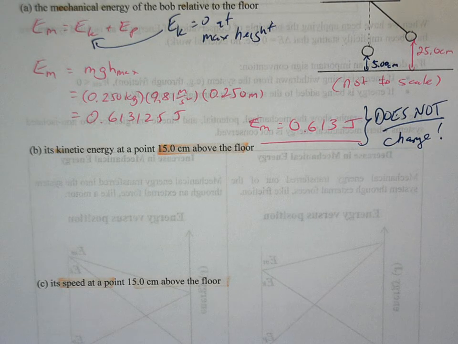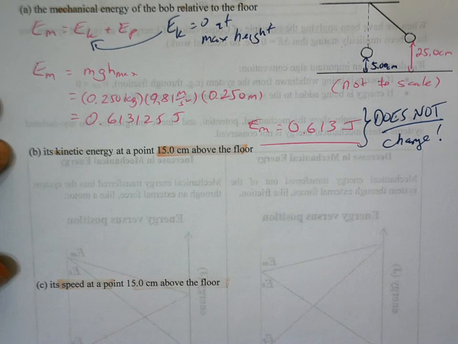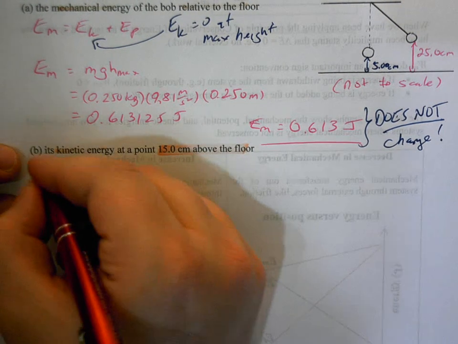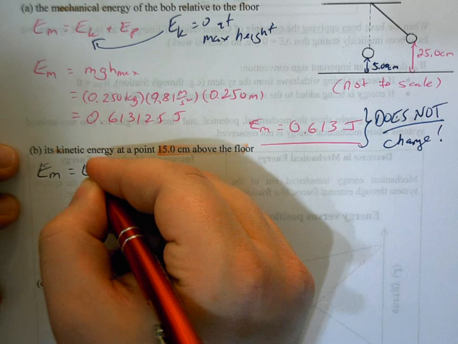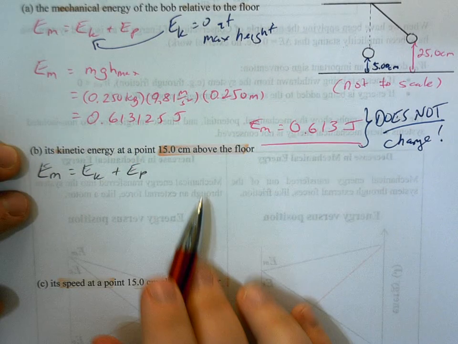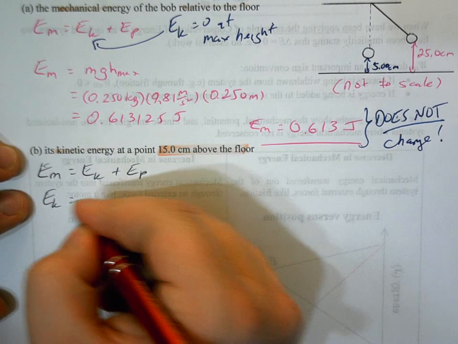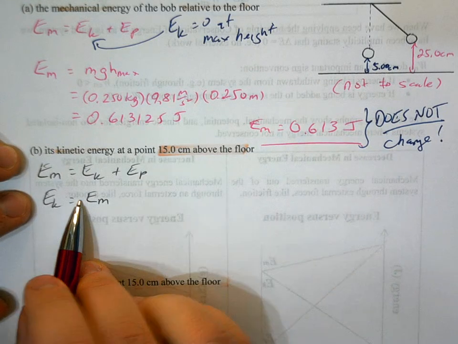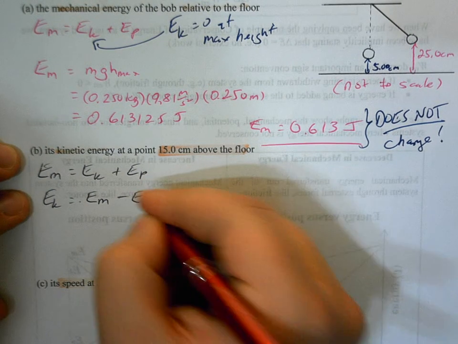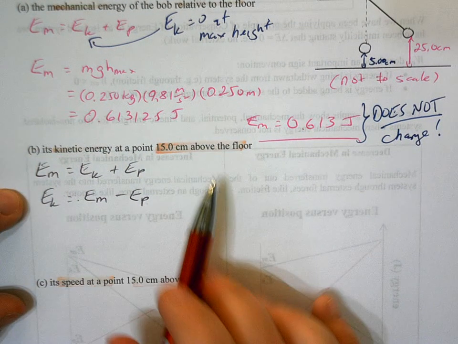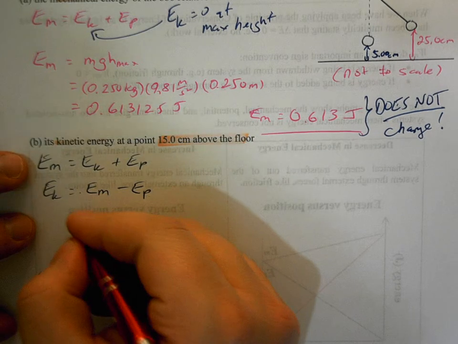So now we're interested in finding the kinetic energy 15 centimeters above the floor. Well, we know mechanical energy is not going to change. So we know that mechanical energy is just going to be the kinetic plus the potential. If I would like to find the kinetic energy, I'm going to take the mechanical energy and subtract off the contribution of the potential energy at this point, 15 centimeters above the floor.